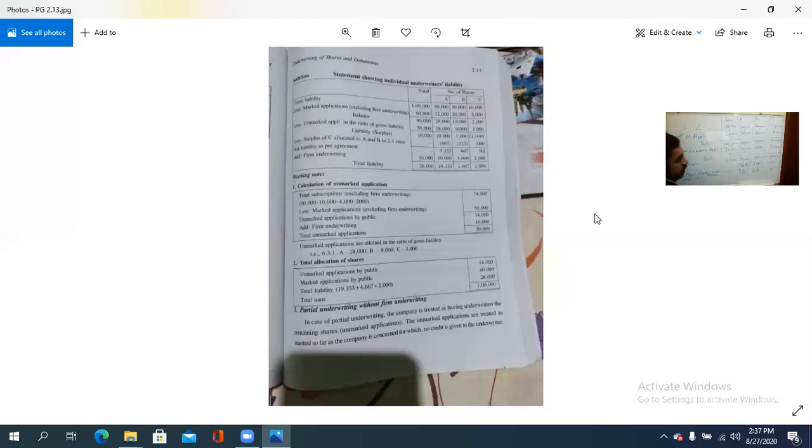How much is the firm underwriting? I think 10 for the first case, then 4 for the second case, and 2 for the third case. So 10,000, 4,000, and 2,000.